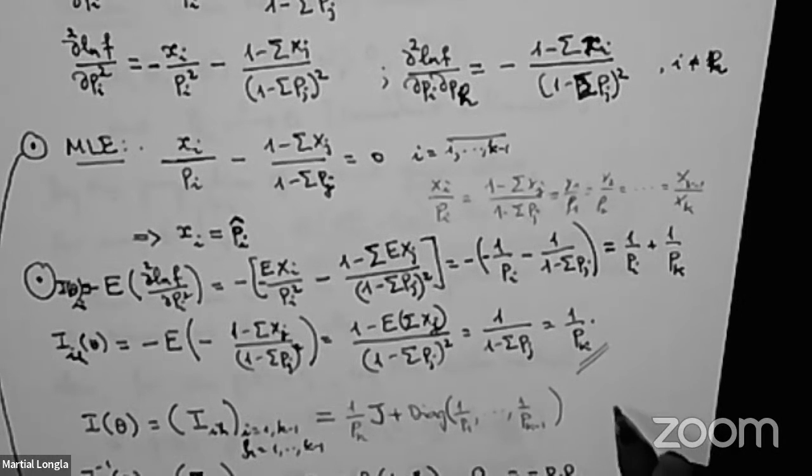And the matrix J is a famous matrix in statistics that takes 1 everywhere. So it is the matrix where all entries are 1.